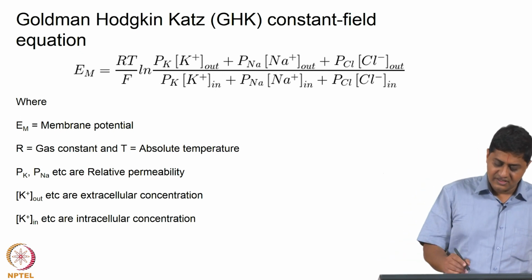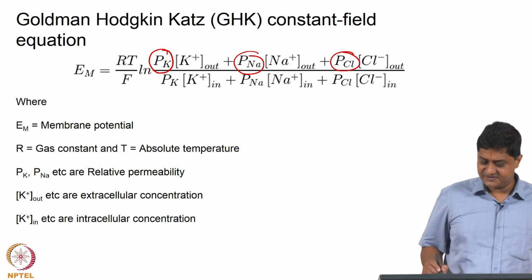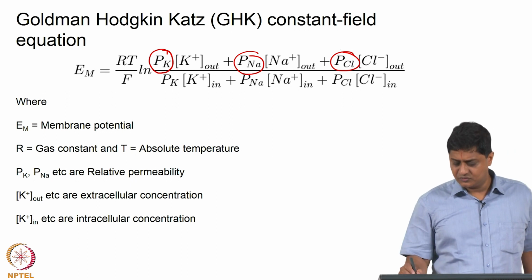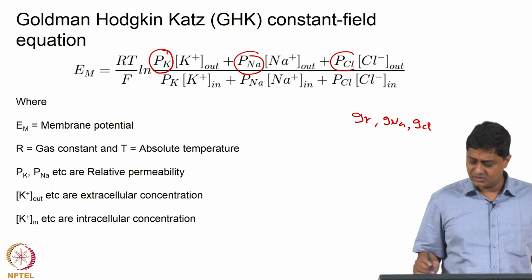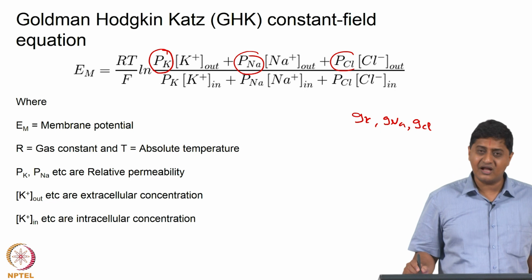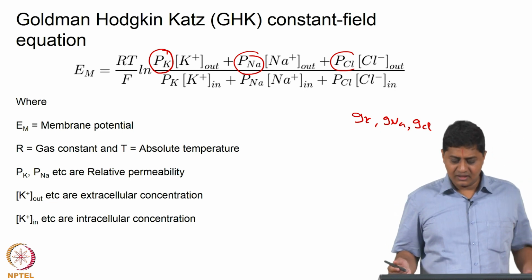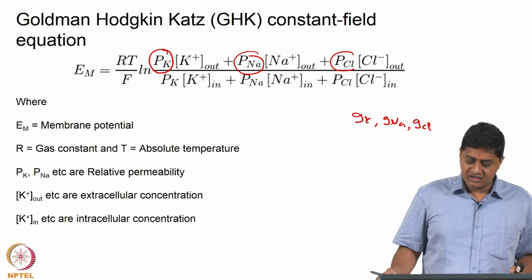Here what you have is permeabilities PK, PNA, PCl etc., which can be considered equivalent to GK, GNA, GCl, somewhat similar to the conductances, but not the same, the units are different. Suppose you have permeabilities here, however, we are not weighting the permeability by the total permeability.